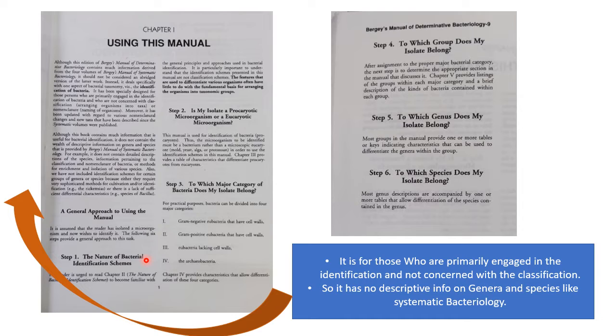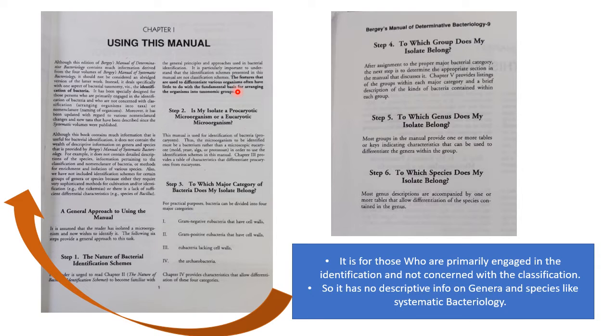Now, about the general approach of using this manual. The first is the nature of bacterial identification schemes. It is important to know that this book is mostly used for identification purposes. It has nothing to do with the classification scheme.